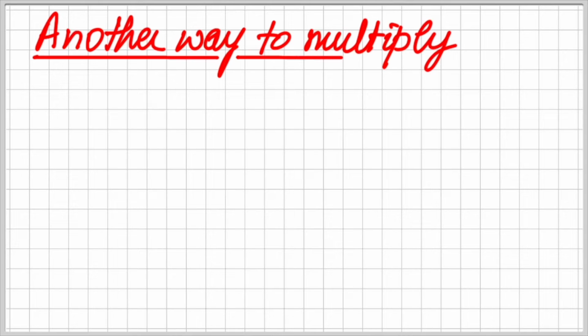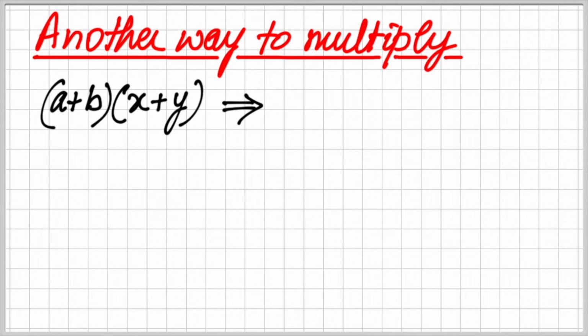Let's have a look at a different way we can multiply. There are different ways. We can do it like we did before, but we can also write the multiplication in this form. We have a plus b on the top multiplied with x plus y. That's the classical multiplication we've seen before.